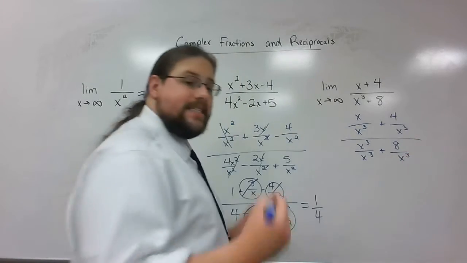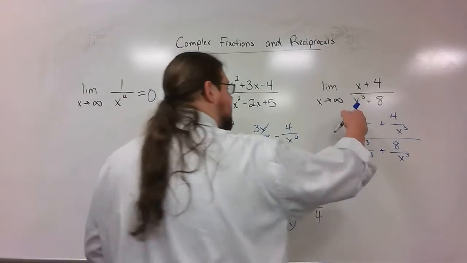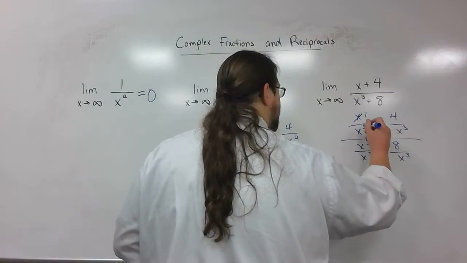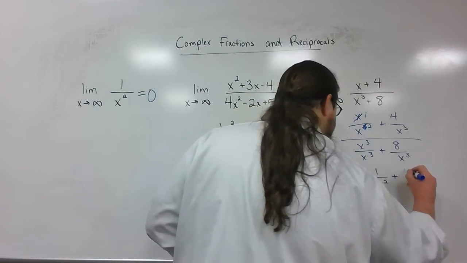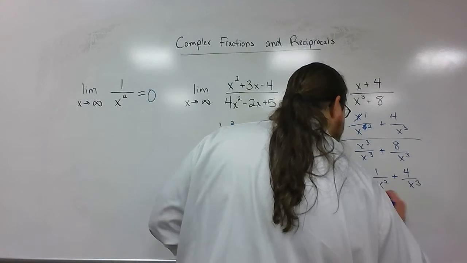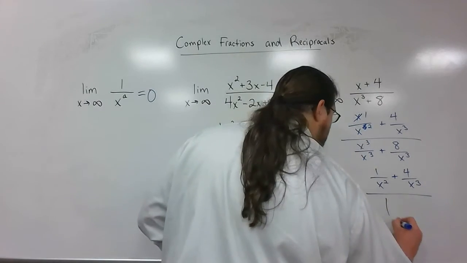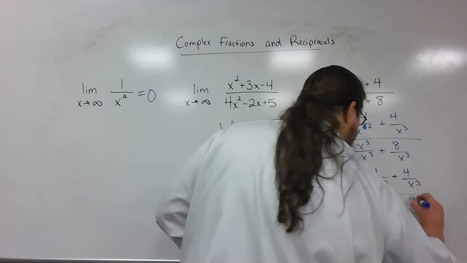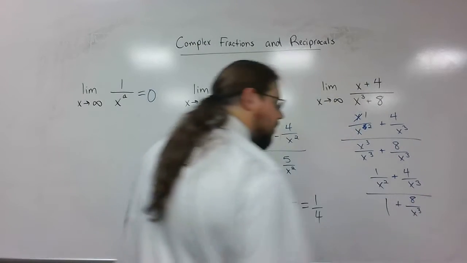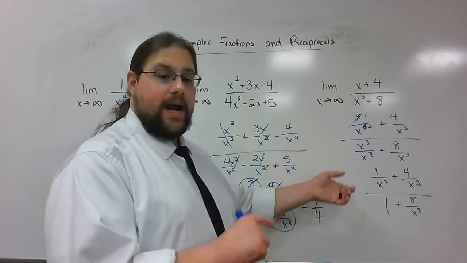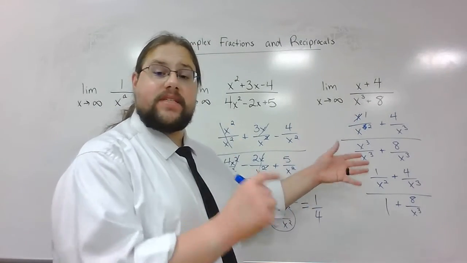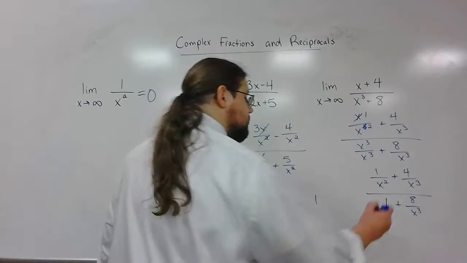Now, same process here. Just simplify. x over x cubed turns into 1 over x squared. 4 over x cubed can't be simplified. x cubed over x cubed is 1. 8 over x cubed, again, can't be simplified, so I leave it alone. If it's a number over x squared, x cubed, or just plain x, if it's a number over x to any exponent, it goes to 0.